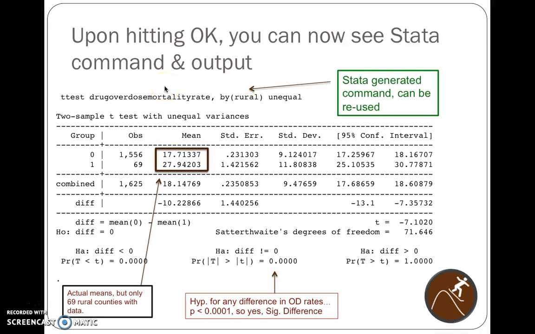So we see the observations being 69, the mean for those rural counties being 27.9 deaths per 100,000 versus 17.7 for the rest of the United States. If you go down, is there a difference? So is there a statistically significant difference? And it's saying that there is a statistically significant difference.